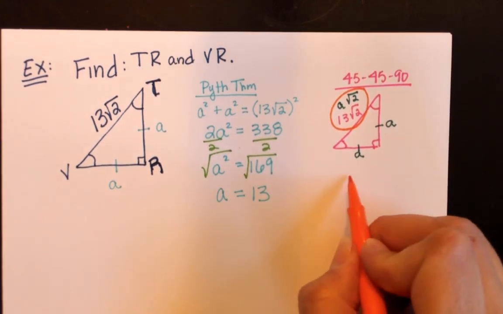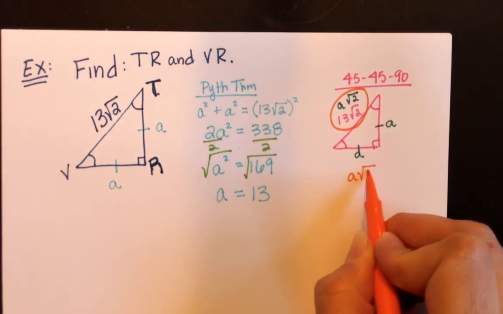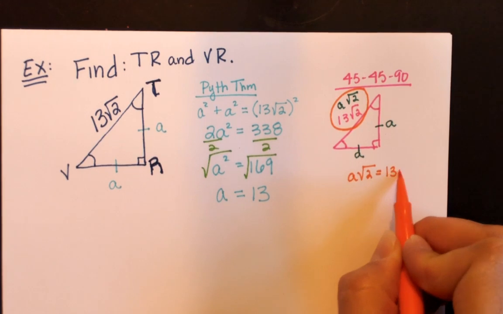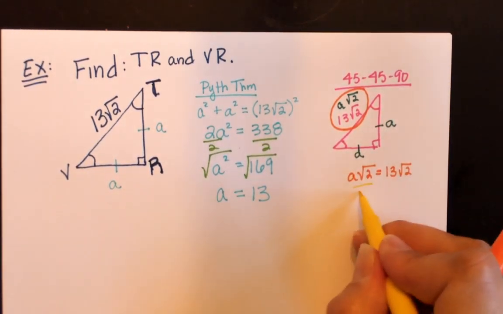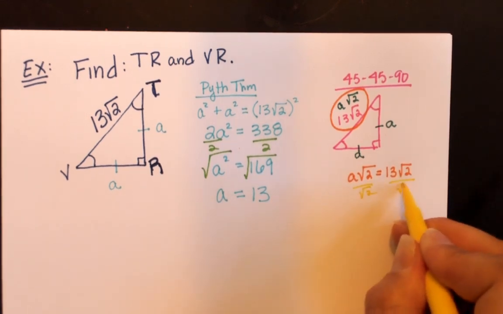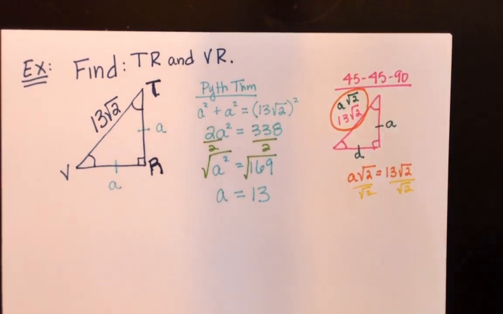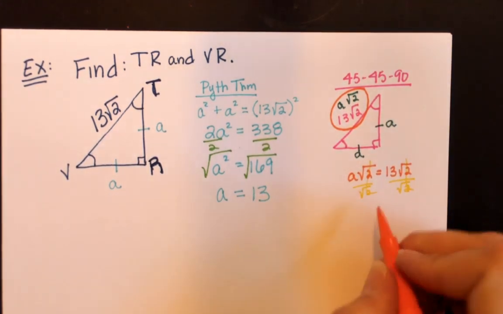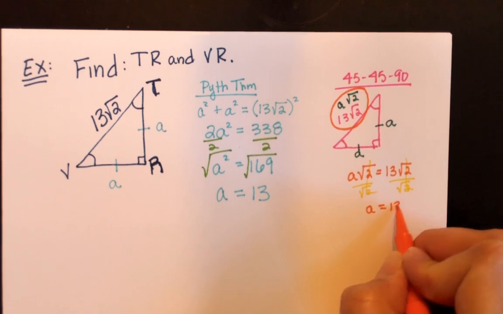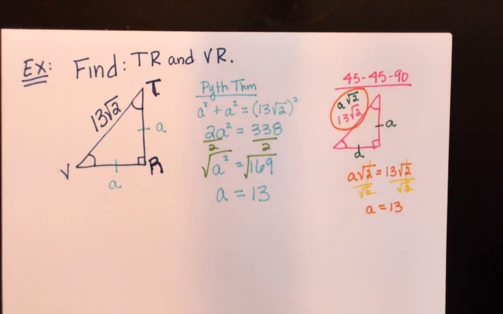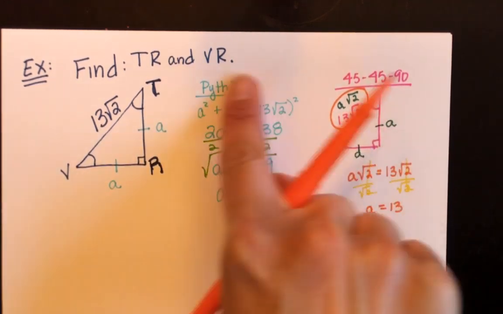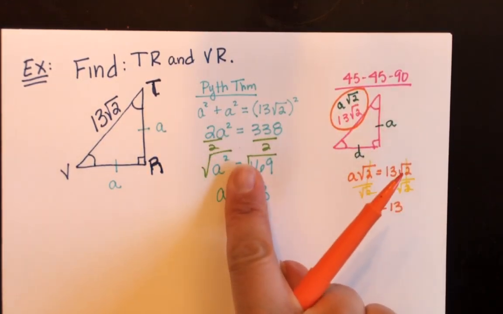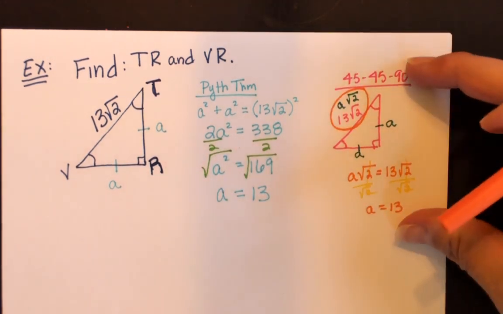But we were told set them equal to each other. And if I want to get A by itself, we would divide away the radical 2. Well, when we divide away the radical 2, they're going to cancel. And so mathematically, you now see that it's also 13. Now you can observe it and be a lot faster than doing the Pythagorean theorem and not have to go through all this.